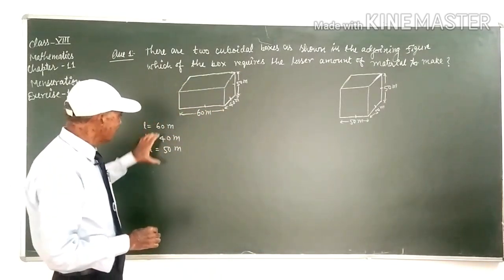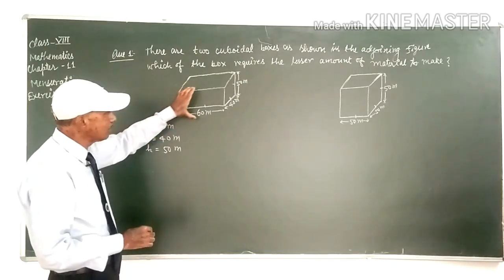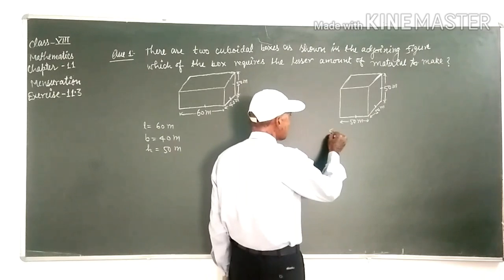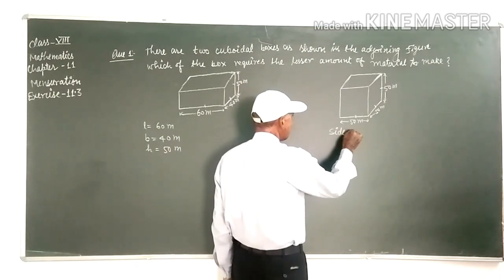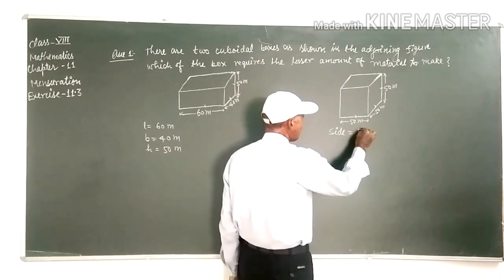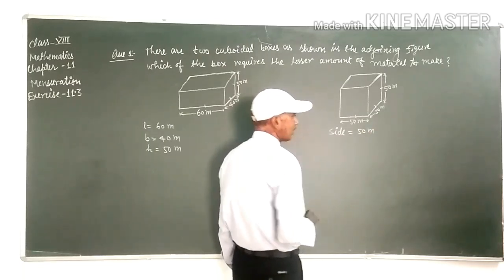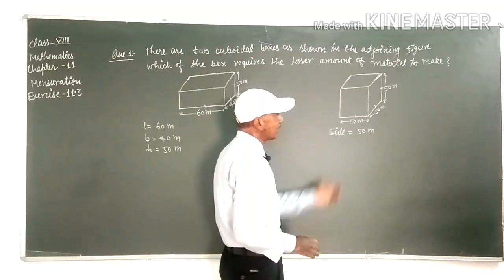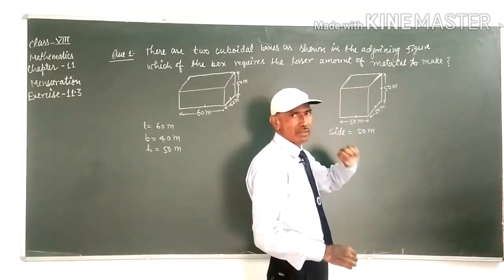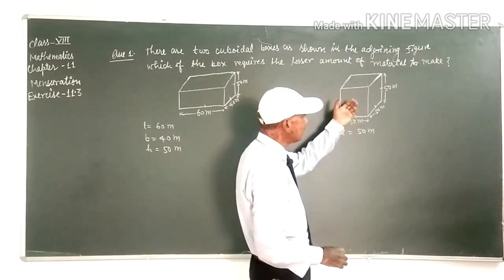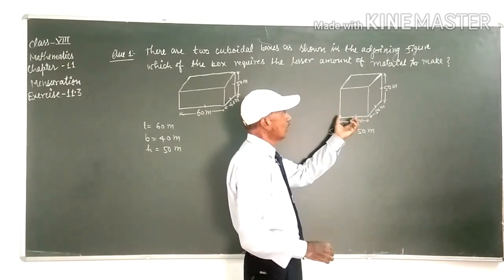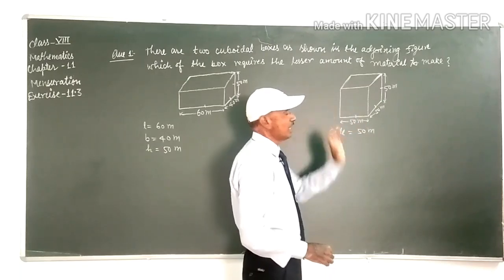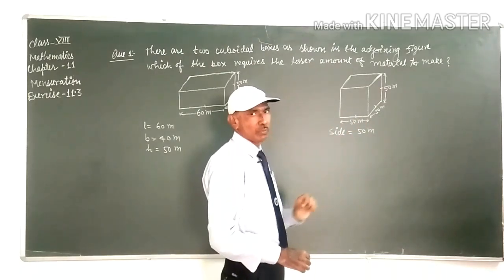So this one is the dimension of the first box, and in this second box the side is 50 meter. Clear students? And you can take it as length, width and height, but in this box we have to use the formula for the total surface area of a cube.